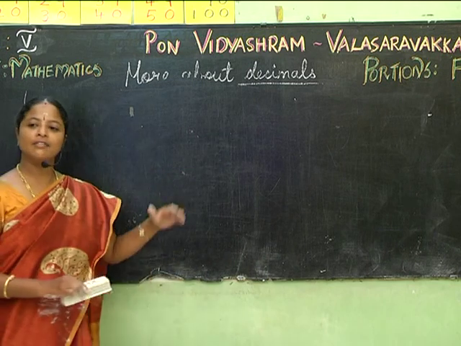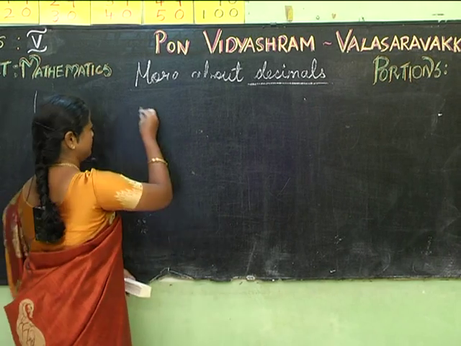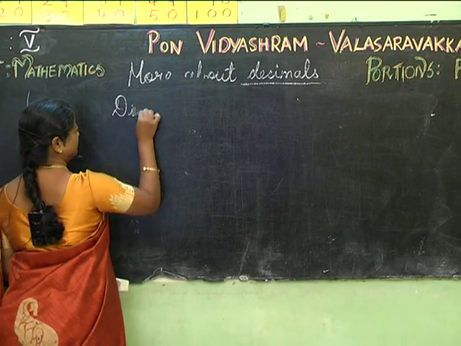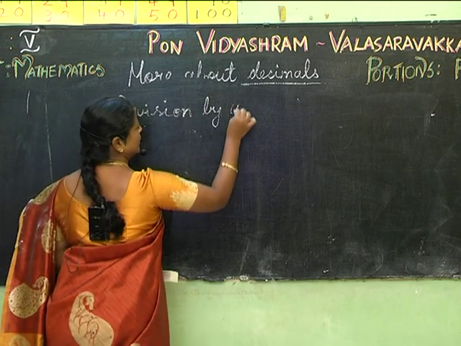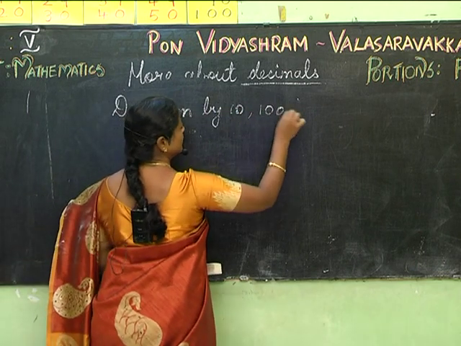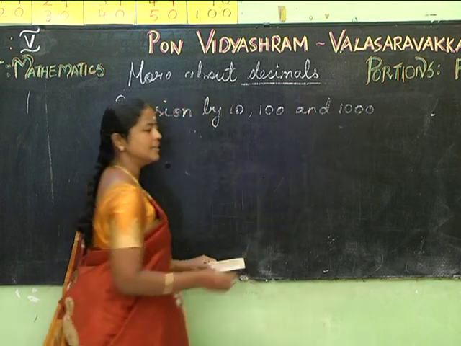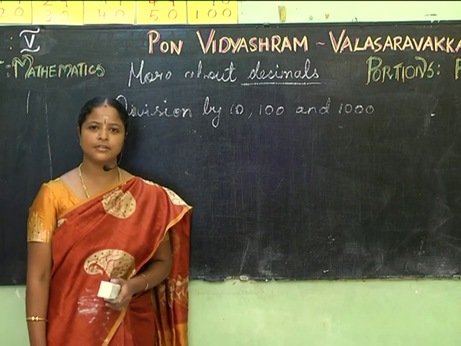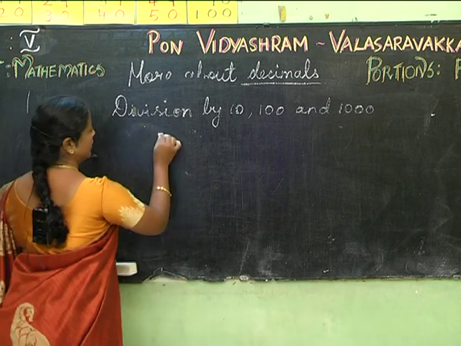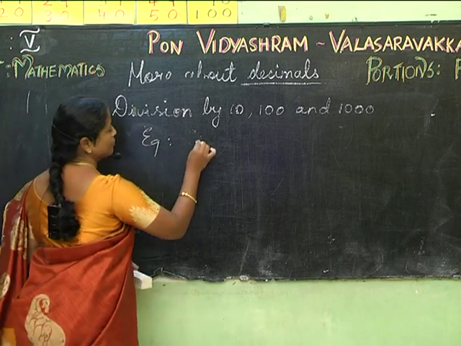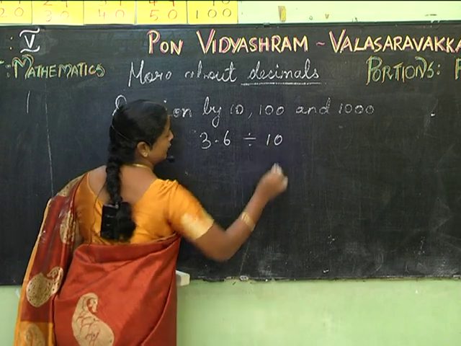Now dividing the number by 10, 100 and 1000. So I am going to divide a decimal number by 10, 100 and 1000. Example, 3.6 divided by 10.